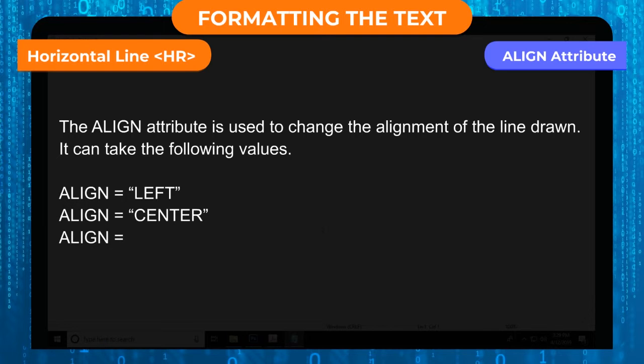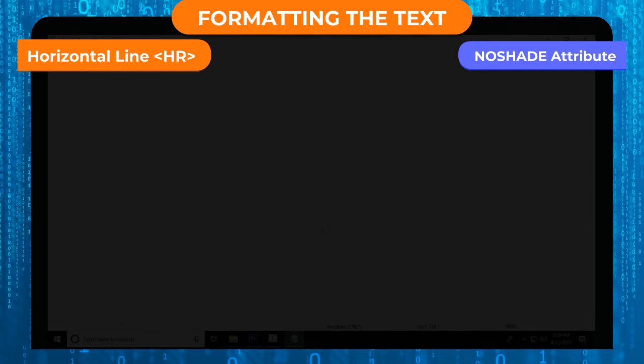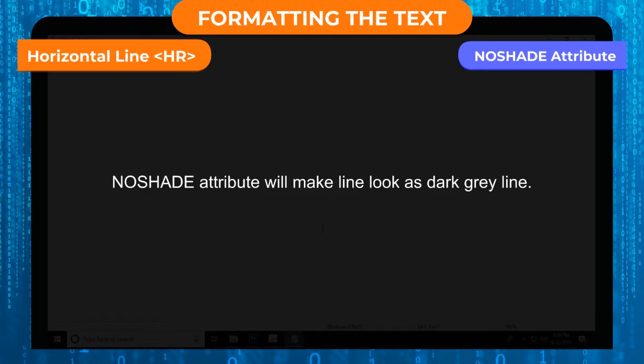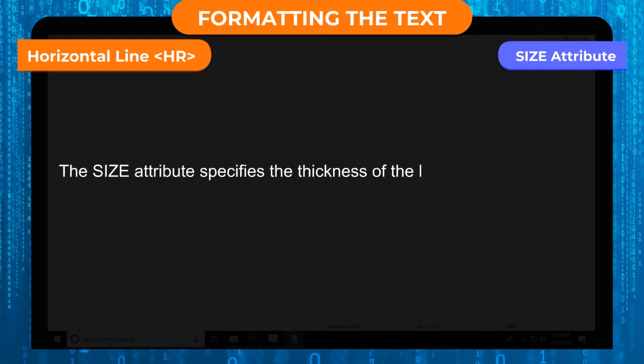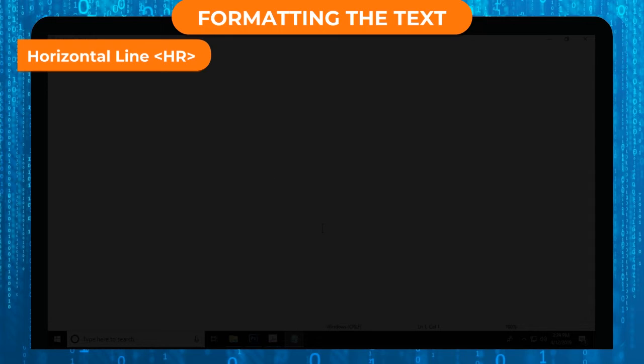Align equals double quote right. Noshade attribute. The noshade attribute will make the line look like a dark gray line. Size attribute. The size attribute specifies the thickness of the line. The default size is 2. Width attribute.